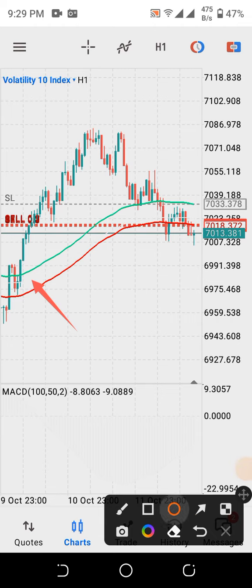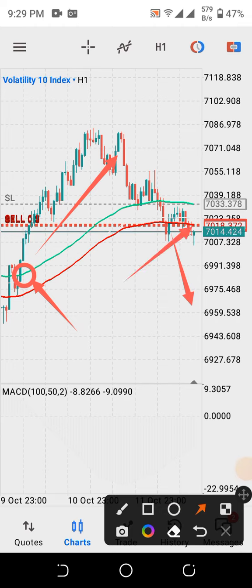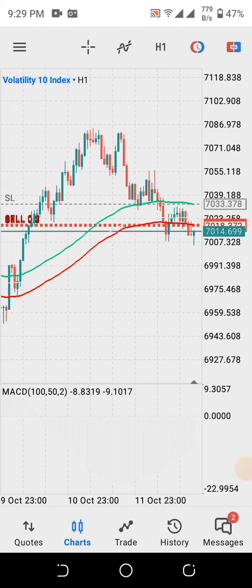I bought at this point and I recorded a massive profit. And currently I am on sell, are you seeing it? Because the candlestick crosses this red line of the envelopes indicator. So this is a highly profitable strategy.